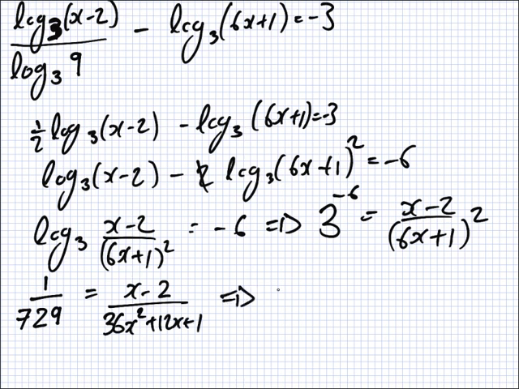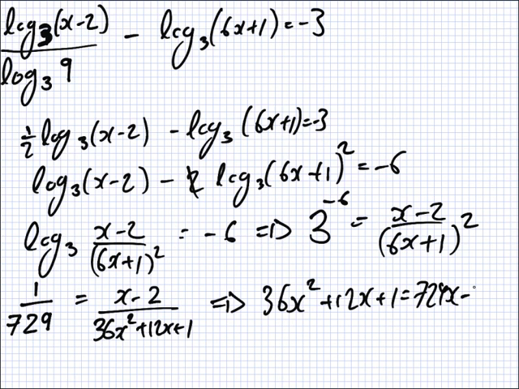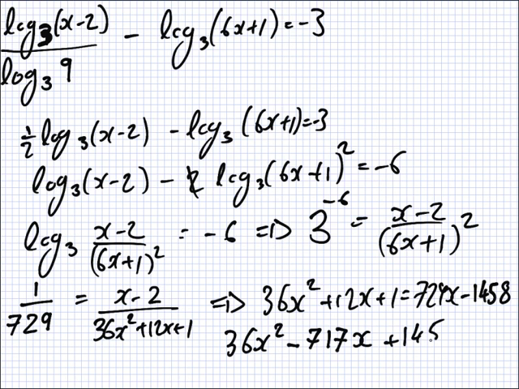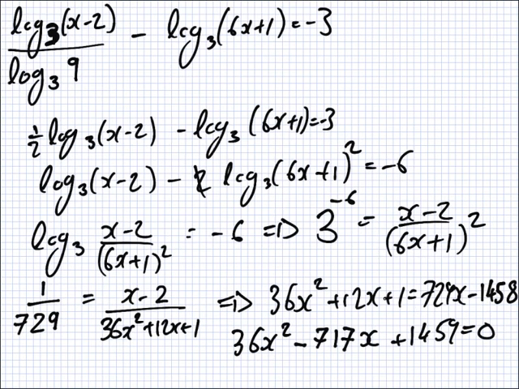So that means we get 36x squared plus 12x plus 1 equals 729x minus 729 times 2, 1458. So I get 36x squared minus 717x plus 1459 equals 0.